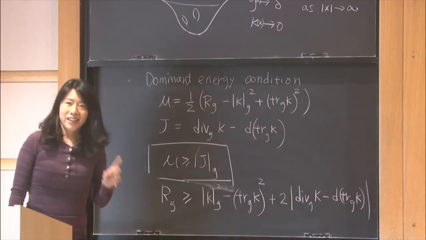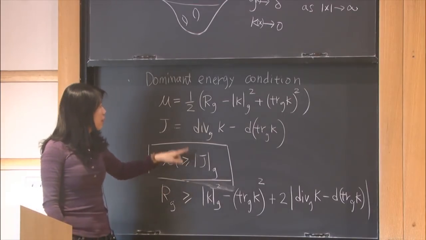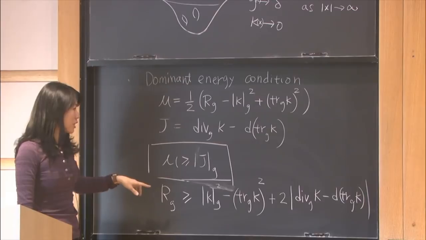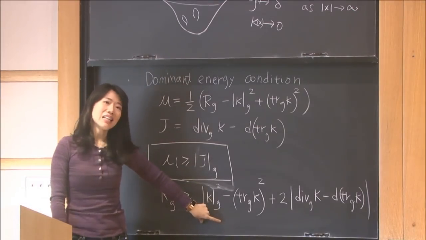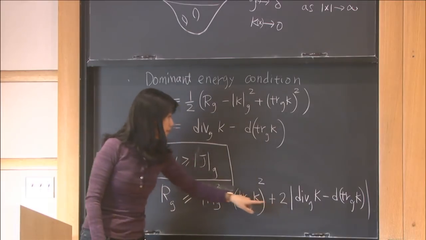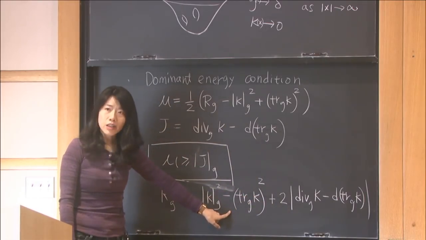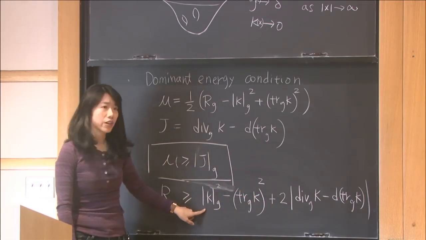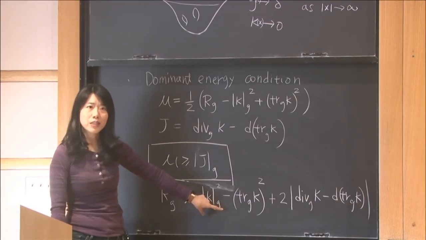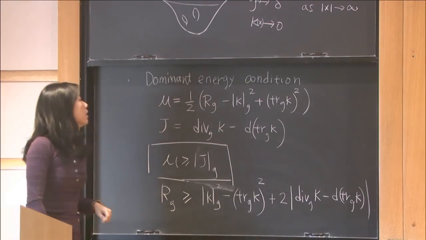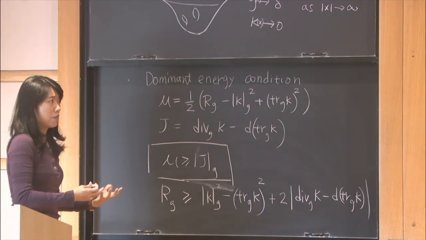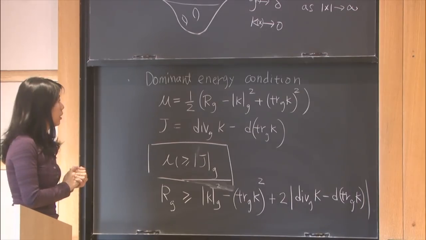But a key thing which differentiates the dominant energy condition from positive scalar curvature is that the right-hand side is not positive in general. You have a lot of positive terms, but then you have a minus term, and the trace squared can be bigger than the norm. So in general it could be negative. That tells you we cannot really apply the techniques available for positive scalar curvature here directly.